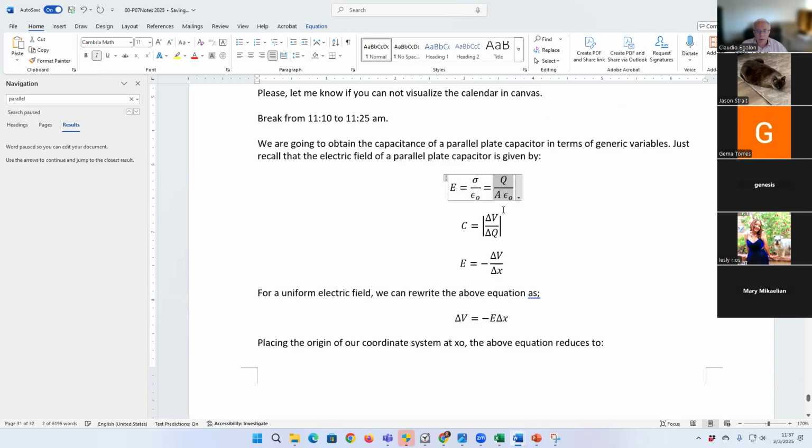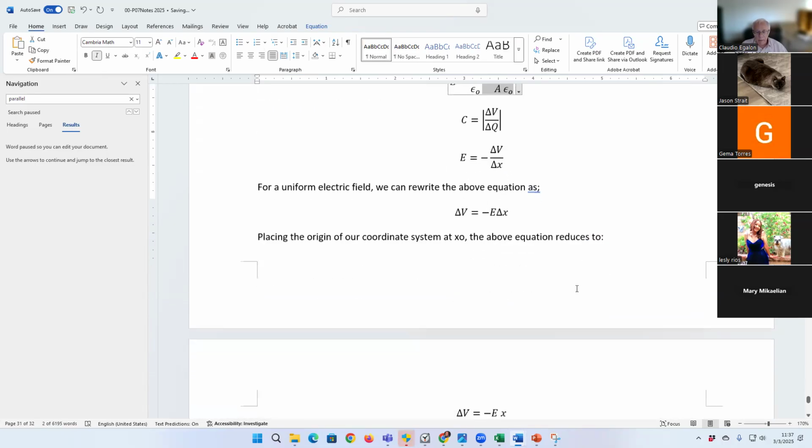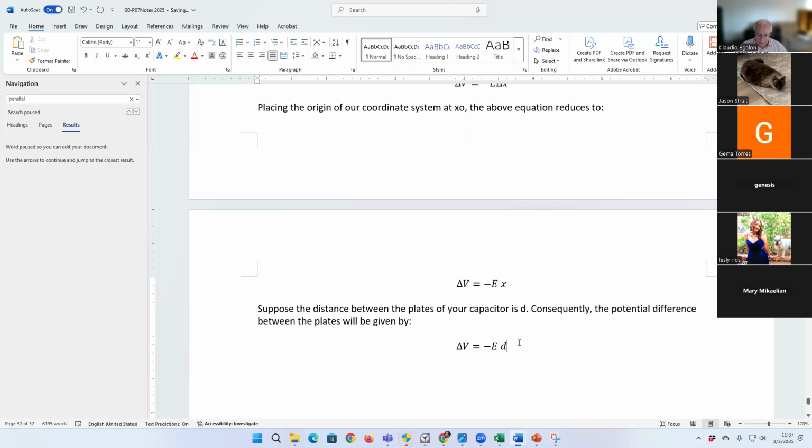You go Q over A epsilon naught, right? Q over A epsilon naught times D. Make sense? Oh, don't forget the negative sign, right? Don't forget the negative sign.